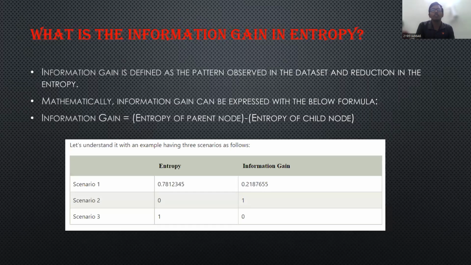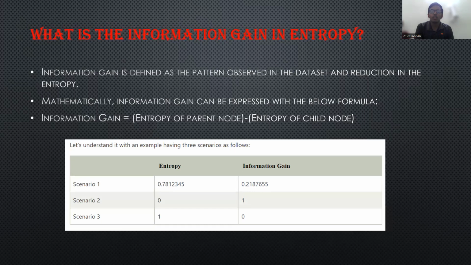What is information gain in entropy? Information gain is defined as the pattern observed in the dataset and the reduction in the entropy. Mathematically, information gain can be expressed with the below formula: information gain is equal to the entropy of the parent node minus the entropy of the child node.